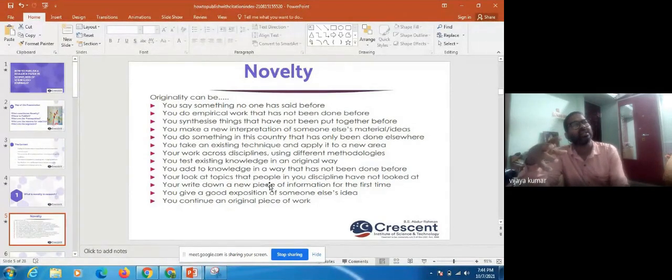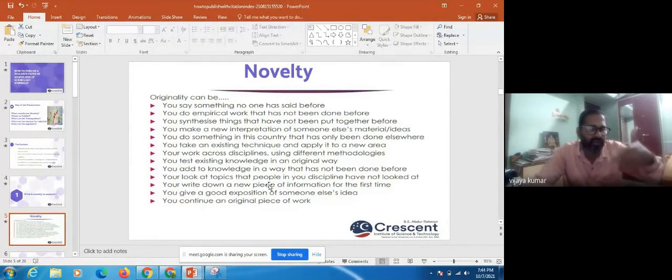Let us say that your research is not in any of these categories. But what you can do is, you can synthesize ideas from many fields. For example, we were talking about reviews, what do we call it, as a cross-disciplinary, multidisciplinary, or sister-disciplinary research. For example, I am a student of literature, but if I use linguistic theories in the field of literature, I can go for sister-disciplinary research.